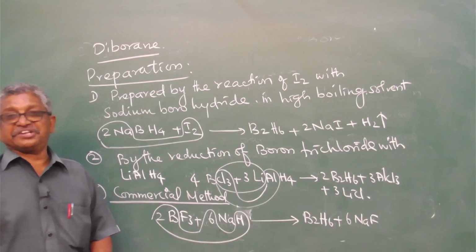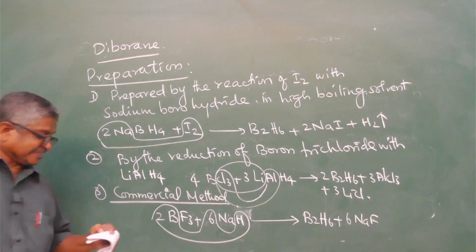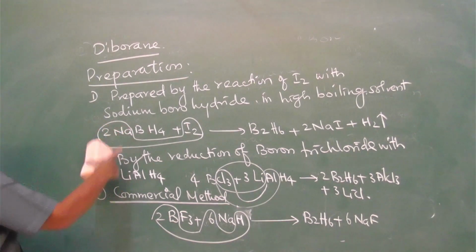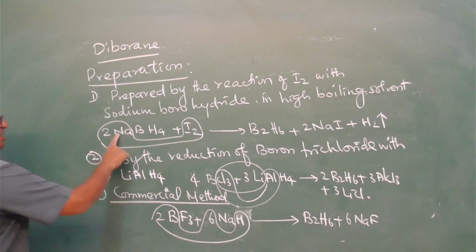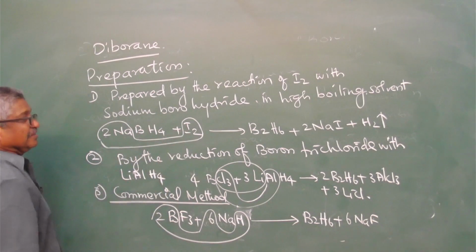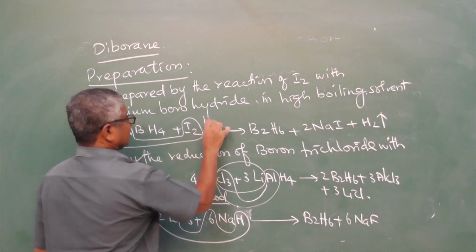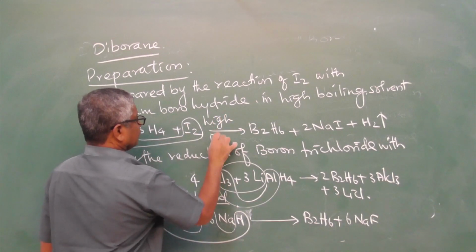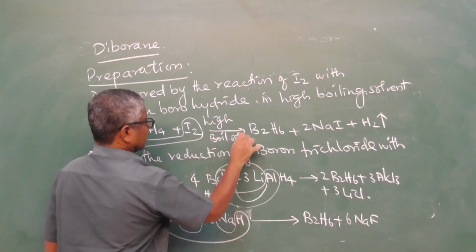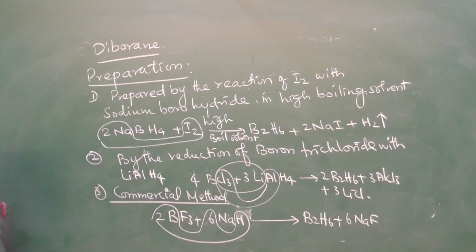Next it is properties. 3 methods of preparation: sodium borohydride reacts with iodine in high boiling solvent; by the reduction of boron trichloride with lithium aluminum hydride; and third, the commercial method, boron trifluoride with sodium hydride giving B2H6 and sodium fluoride.